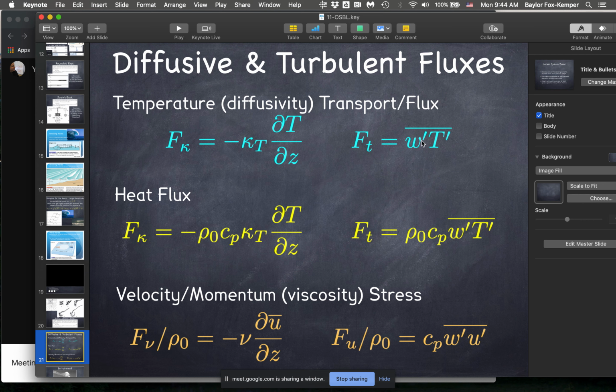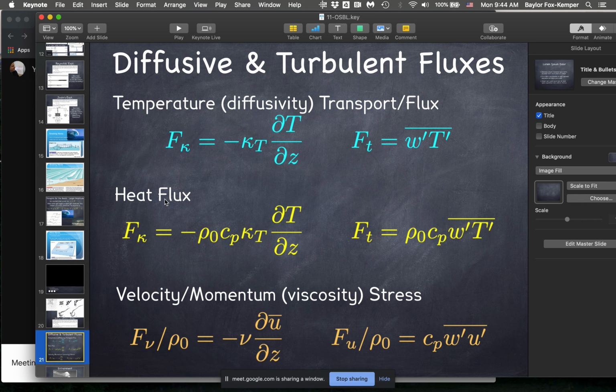We thought about a perturbation from the mean in the velocity and a perturbation from the mean in another thing like temperature, and we're looking at the covariance of those perturbations on average. An eddy diffusivity is finding the kappa that makes this equal to this. So these are two different things, but sometimes we'll use them interchangeably, imagining a diffusivity to be an eddy diffusivity.